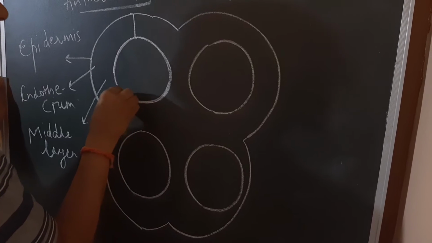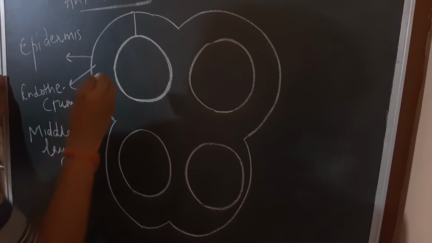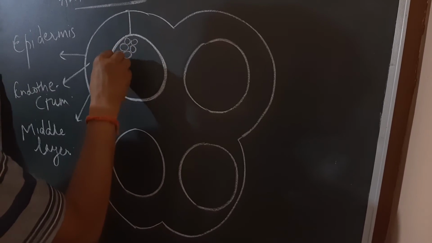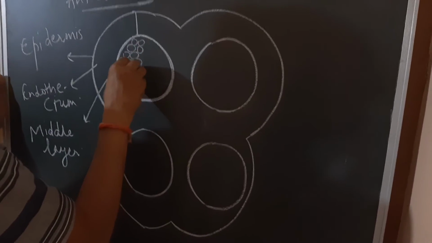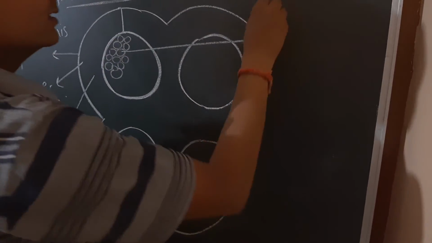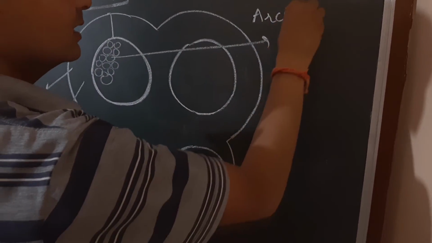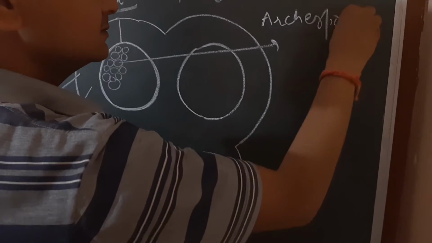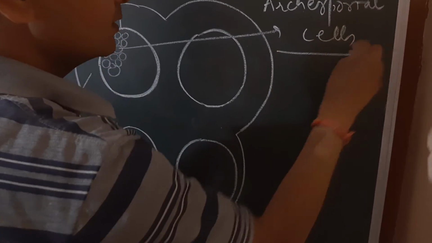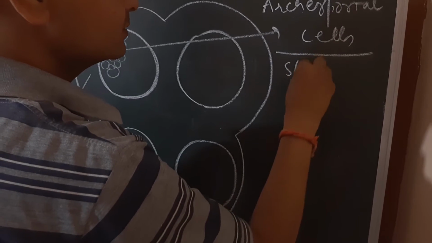The outer lining of the microsporangia is lined by tapetum. Now inside there are densely arranged archesporial cells or the sporogenous tissue. These all are the archesporial cells or sporogenous tissue.